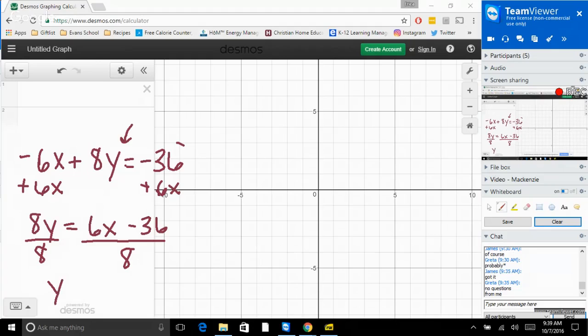And I get y equals 6x divided by 8 minus 36 over 8. And those are all fractions that can be reduced. So I will get 3/4 x minus, I think this is going to be 9 over 2. Oops.